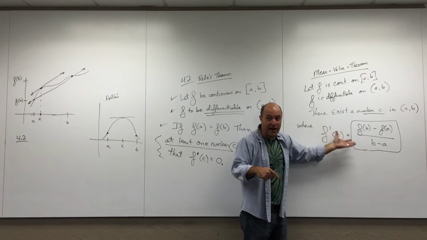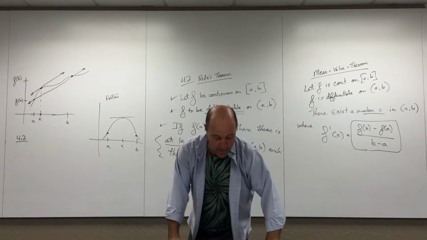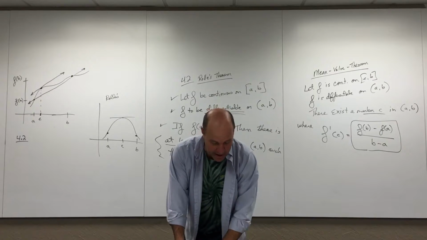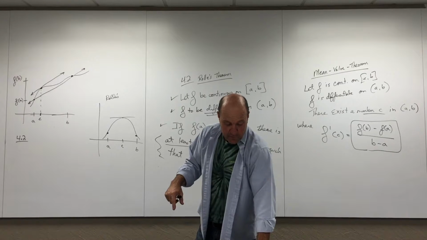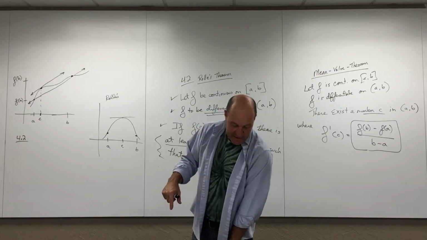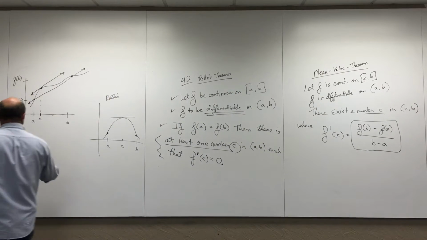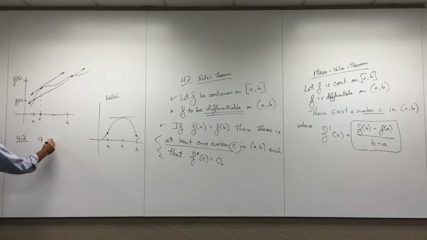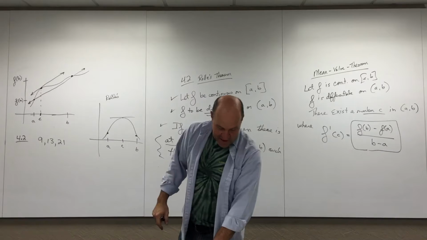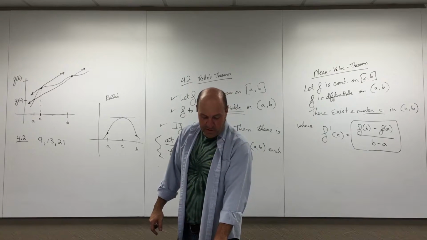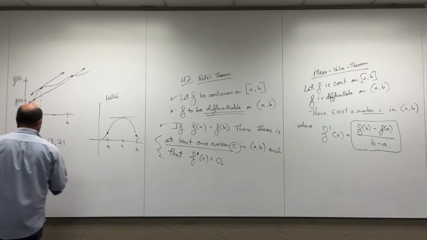So you could try a few problems. I assigned a few. They weren't in your original homework list, but here they are. 4.2, 9, 13, 21. Those are Rolle's theorem problems. And then the mean value theorem ones are 41, 43, and 48.